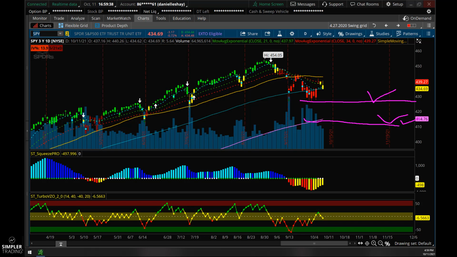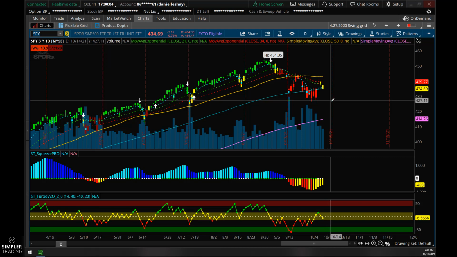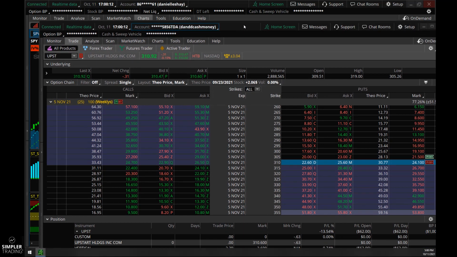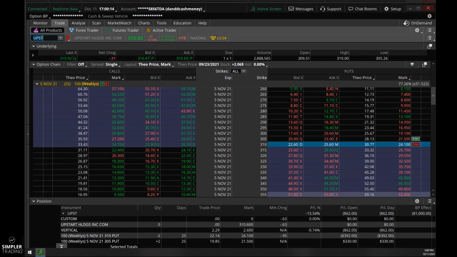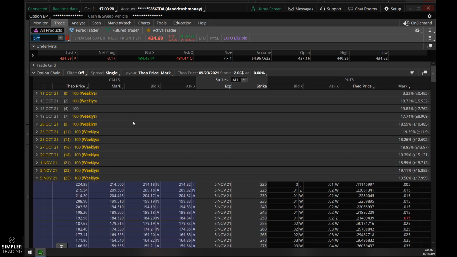So how could I trade either move? Well, first of all, the level that I'd be looking for a retest of these lows would really be between 425 and 430. So let's go ahead and look at what that would look like if I put on a trade. So let's see. We would look for about $10 to the downside.